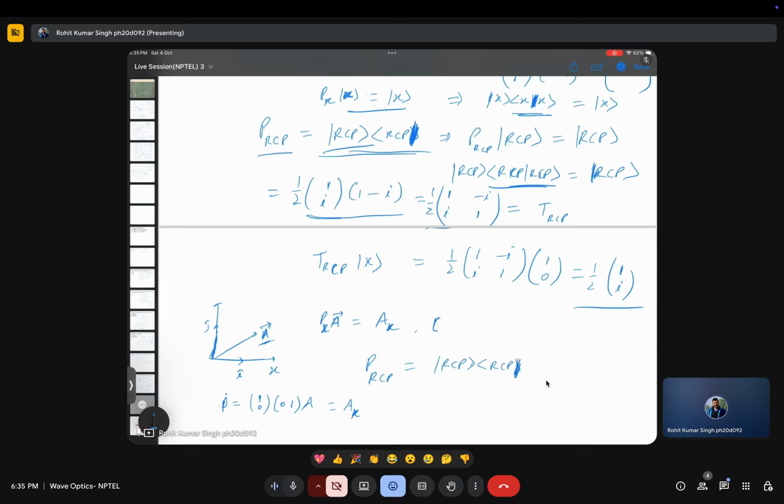So if this projection operator applies on any state of polarization, it basically gives out whatever the component is in this direction.